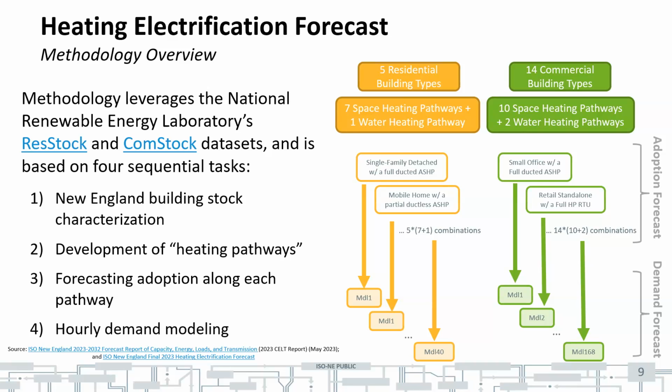So what we ended up with on the residential side were 5 different residential building types, and on the commercial side, 14 different building types, and 7 space heating pathways and 1 water heating pathway on the residential side, 10 space heating pathways and 2 water heating pathways on the commercial side. And then there's some flow and math about all the different combinations when you get to the modeling step of how many models you're going to need. Short story is a lot of different models.